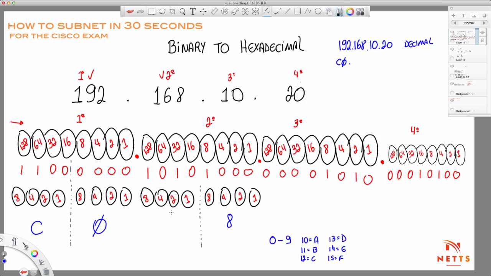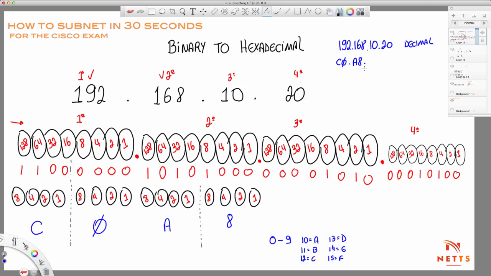For the second part, I got the 8 turned off, 4 turned off, the 2 turned on, and the 1 turned off. That gives me 2 plus 8, which is 10, the letter A. So I'm going to write down 8 and A.